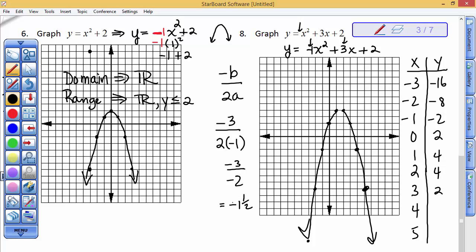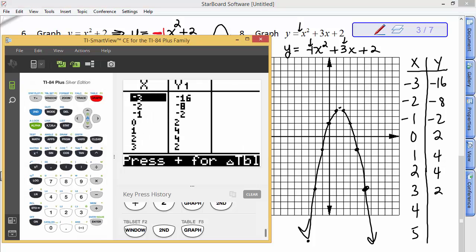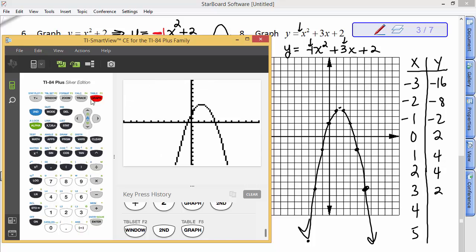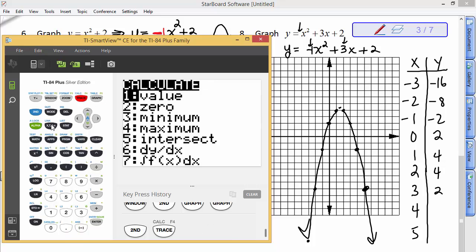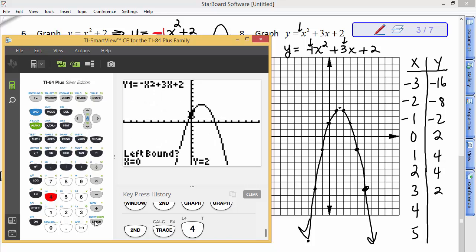Well, I'll tell you what. You go to this graphing calculator, you hit your graph key, and you tell it you want to find your maximum point because it's curving downward. You set your left boundary by hitting enter. You arrow to the right and you hit enter.